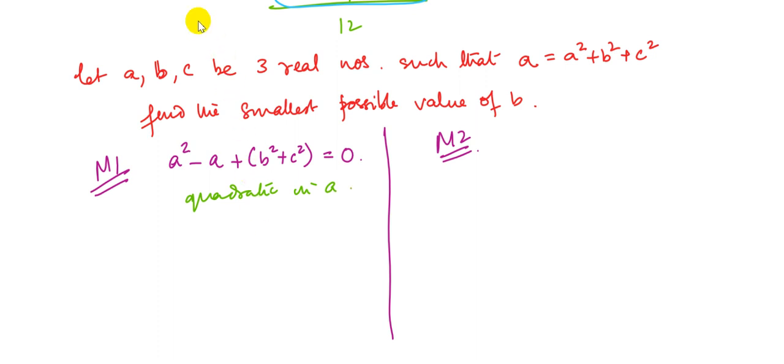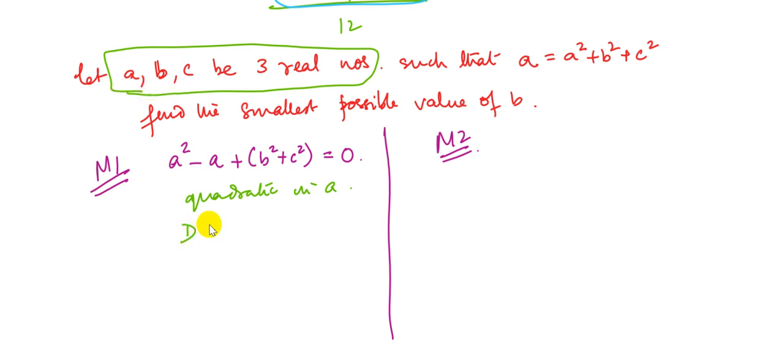Now look at what is the condition given. Three real numbers. So the discriminant must be greater than 0. Now what is my discriminant here? Discriminant is a square minus 4 times b square plus c square, that is, minus 1 whole square minus 4 times b square plus c square should be greater than 0.